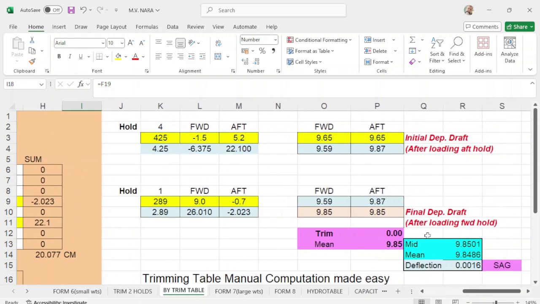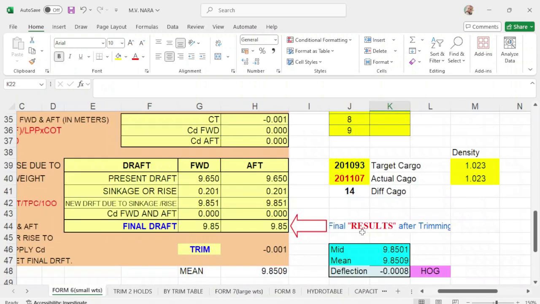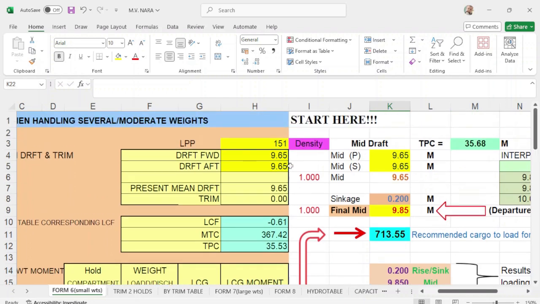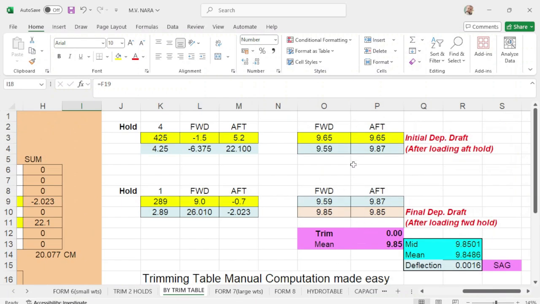Okay, your initial drop was 9.65 forward and up. And when you have completed loading hold number 4 of 425, this will be your drop of 9.59 forward, and up will be 9.87.